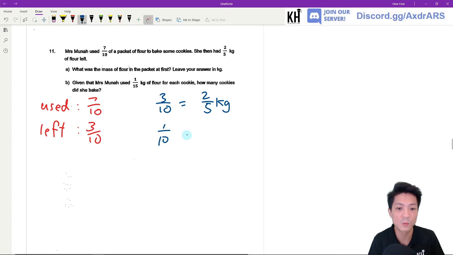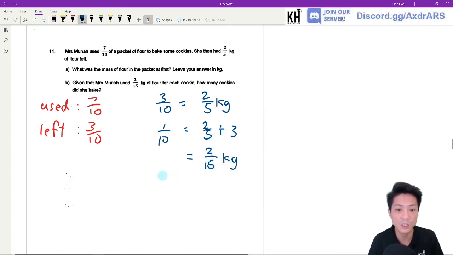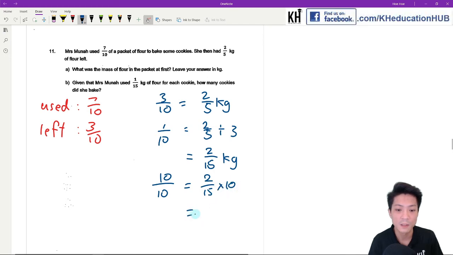Now I need to find what 1/10 is. 1/10 is 2/5 divided by 3, which will give me 2/15 kg. So 10/10, which is the whole thing, will be 2/15 times 10.